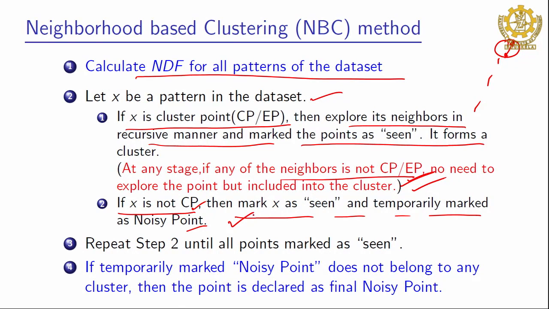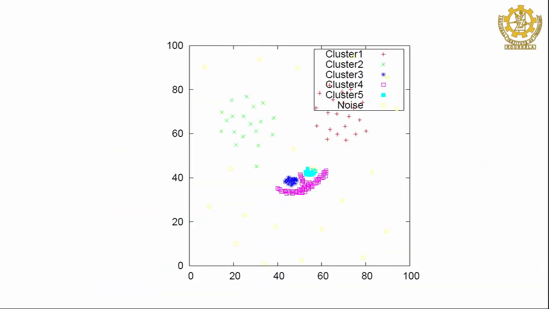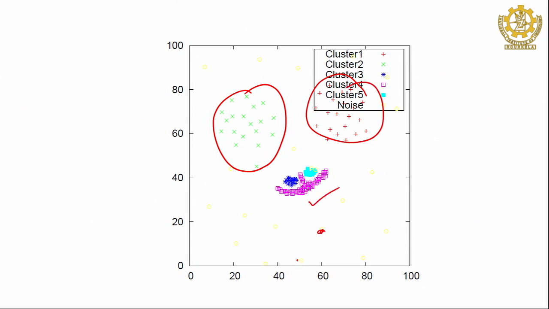That is why you temporarily mark it as a noisy point and repeat the whole process. Now, if we apply NBC, this will be the result: this will form one cluster, this another, there will be three clusters, and these points are the noisy points.